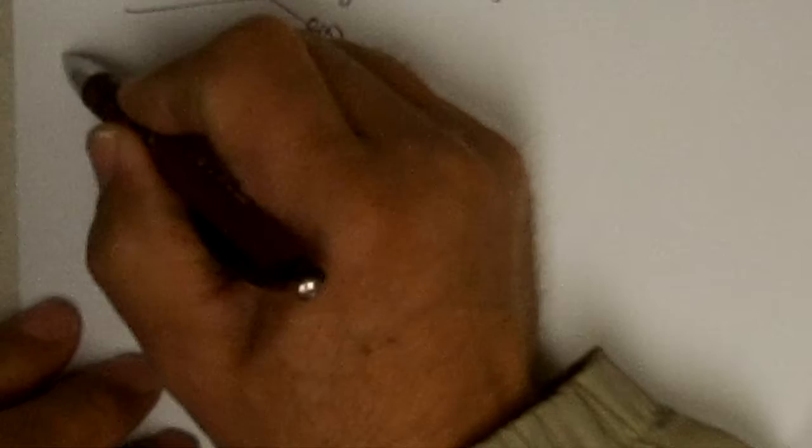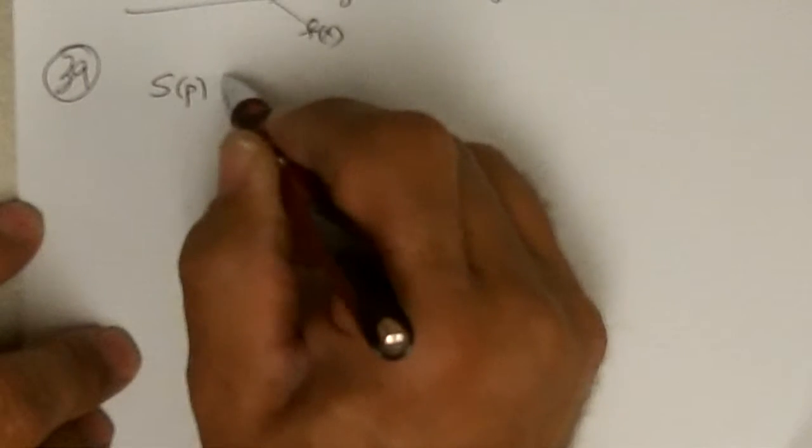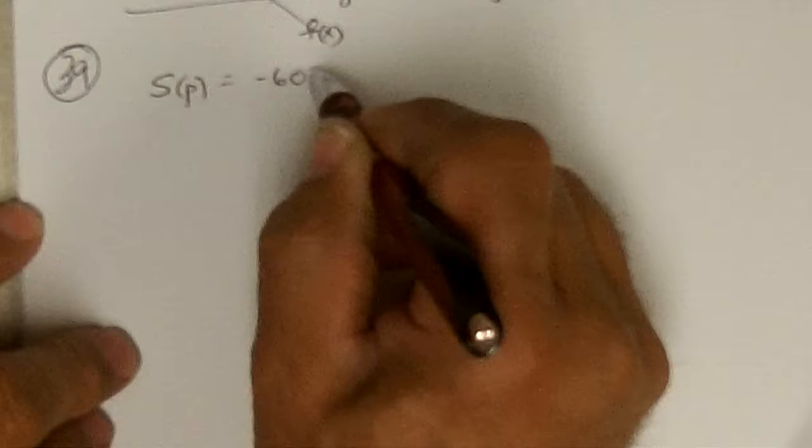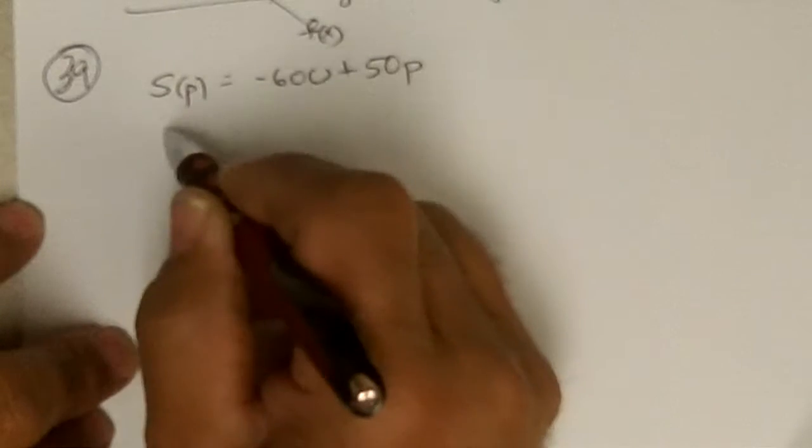Next one's 39. Supply and demand, find the equilibrium price. The supply based on a price is negative 600 plus 50p.